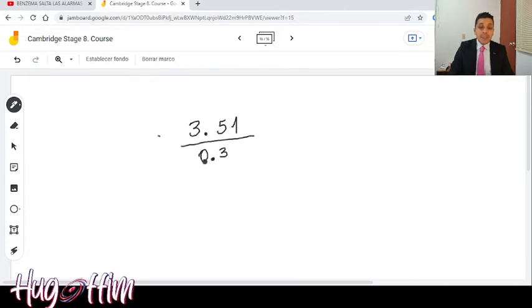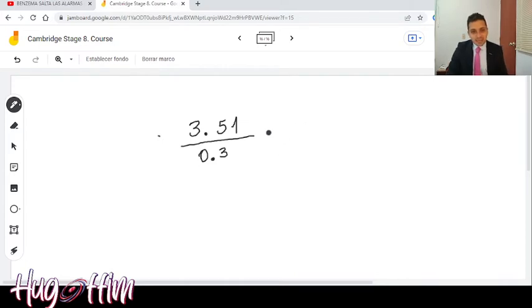You're dividing by a number less than 1. When you divide by a number less than 1, it is expected to have a greater value. But it's 0.3. 0.3 is very close to 0.1. So what you're doing is dividing by 0.1, that is multiplying by 10.